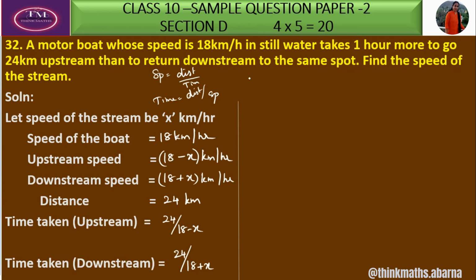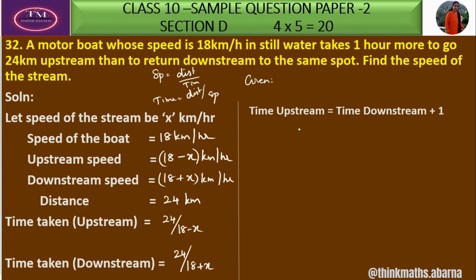Now what is given? It takes 1 hour more to go upstream. To go upstream, it takes 1 hour more than downstream. So let us write that equation. Time for upstream equals time downstream plus 1.